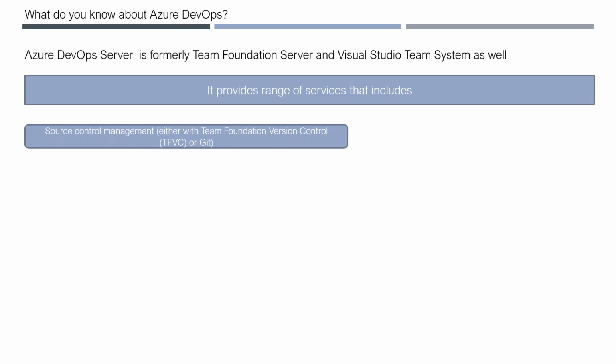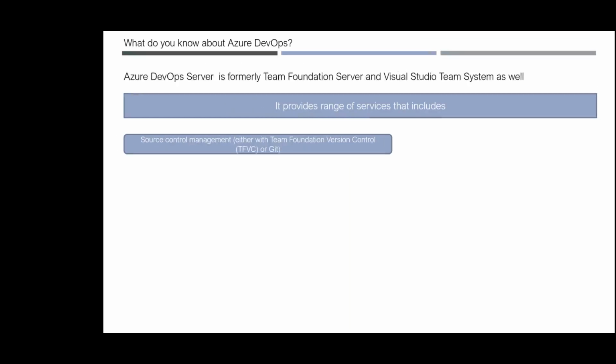If you are spending some 15 hours or 10 hours in your older version of TFS to configure something, probably you will be spending 2 to 3 hours here because it became very easy to configure, and the plugins are becoming available more and more because now many developers over the world are contributing to Azure DevOps as well.